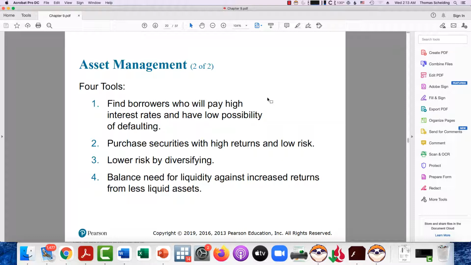And then finally, the bank needs to balance how much liquidity it needs with lending that money out and getting some higher returns, but knowing that you're going to have to wait longer to get the money. You can try to manage it well, but to some extent, it isn't an exact science.